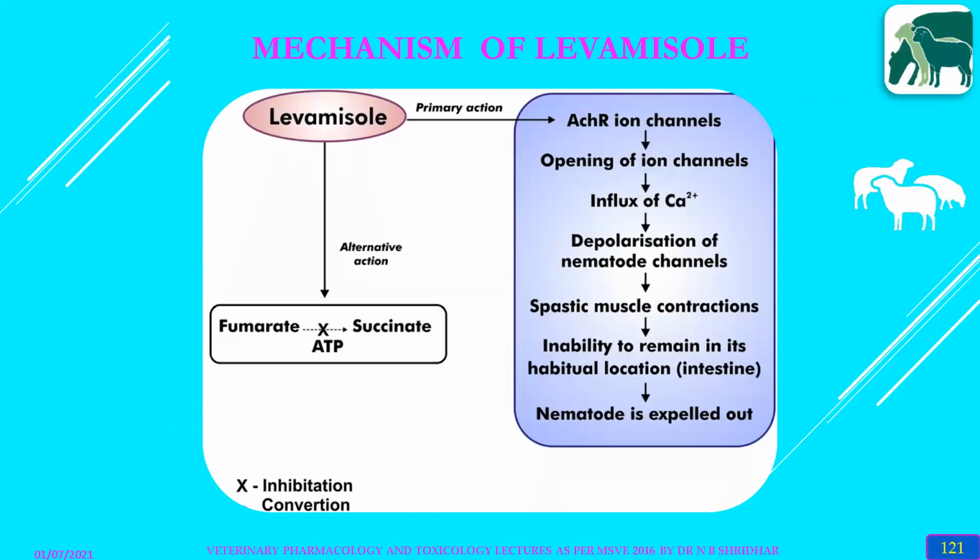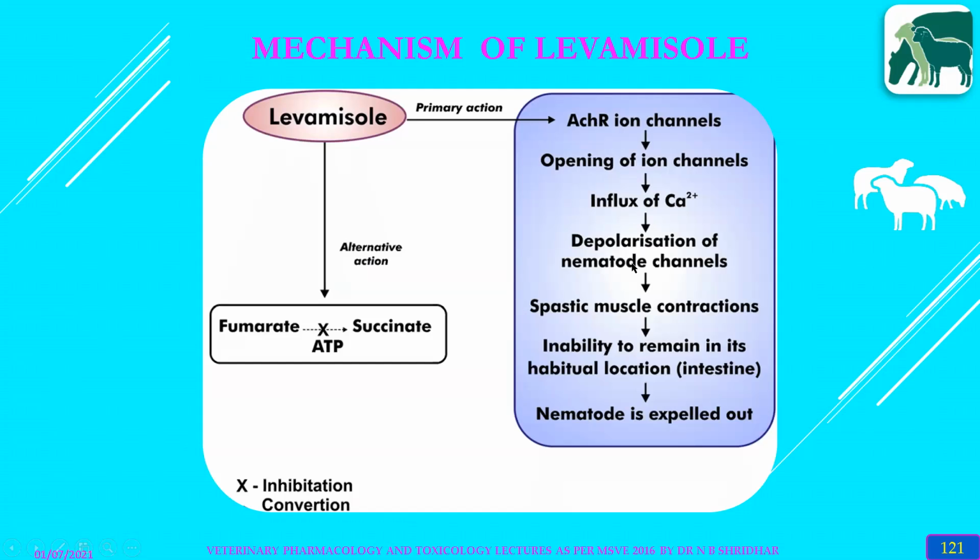Here is the diagrammatic representation of how it acts. The primary action of levamisole is on the ganglionic acetylcholine receptor ion channels. Because of this, the ion channels open and there is an influx of calcium, which causes depolarization.